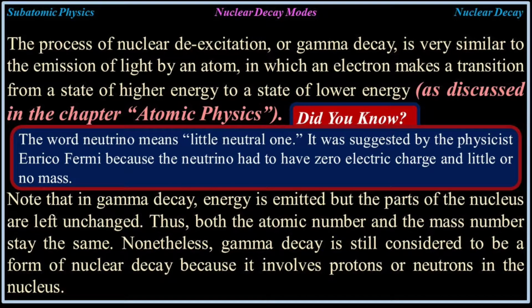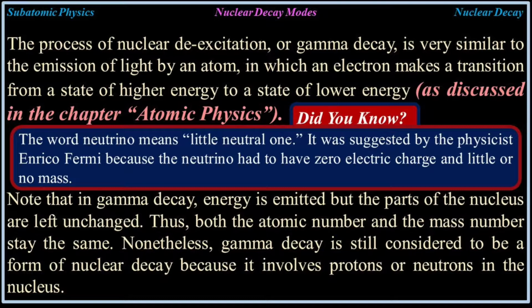The process of nuclear de-excitation, or gamma decay, is very similar to the emission of light by an atom, in which an electron makes a transition from a state of higher energy to a state of lower energy, as discussed in the chapter on atomic physics.